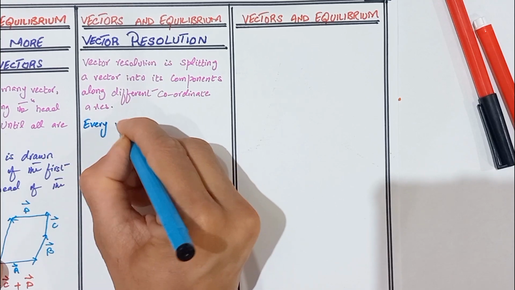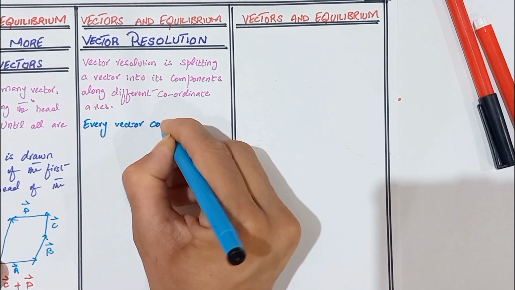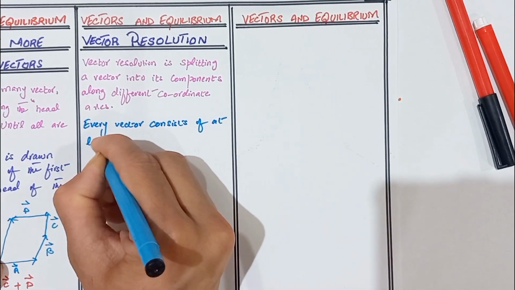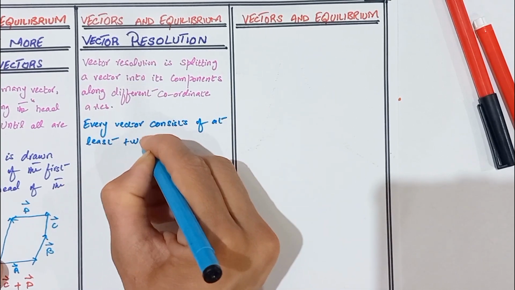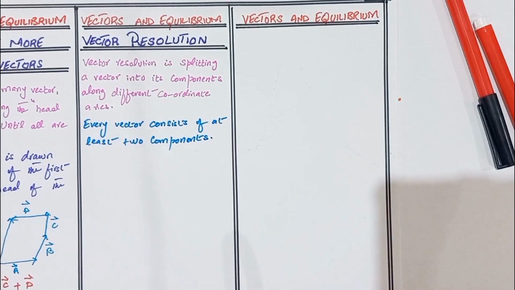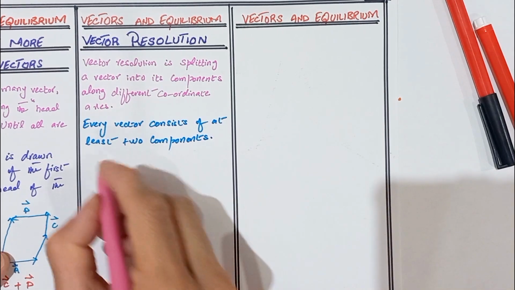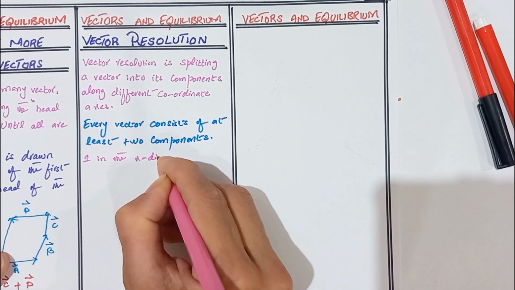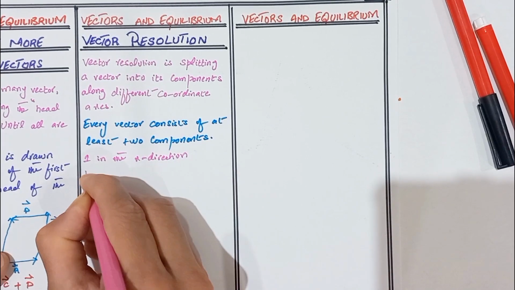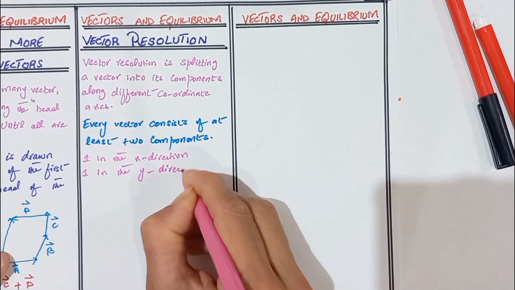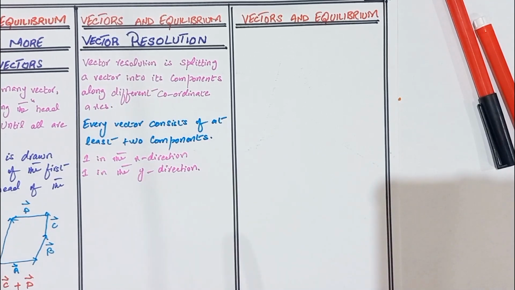Every vector consists of at least two components. One in the x direction and another in the y direction.